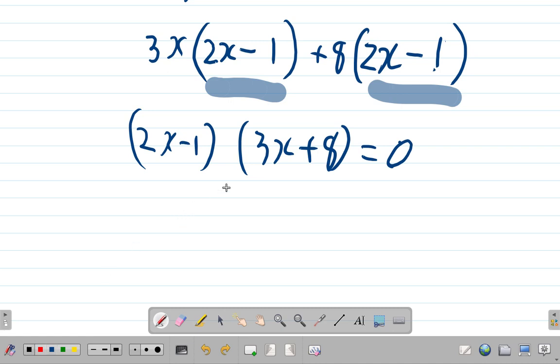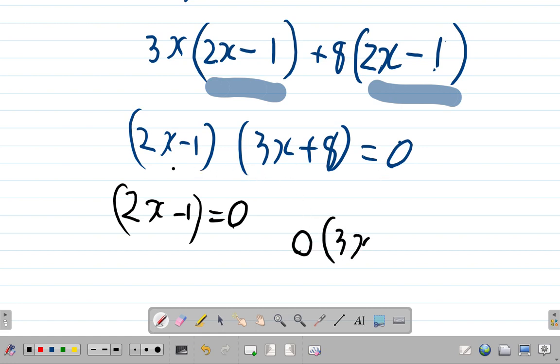What that means is that one of them must be 0. Or maybe the other 0. Because if one of them is 0, suppose you say 2x minus 1 equals 0, you know that 0 times anything is 0. So if you put 0 times 3x plus 8, the answer must be 0.